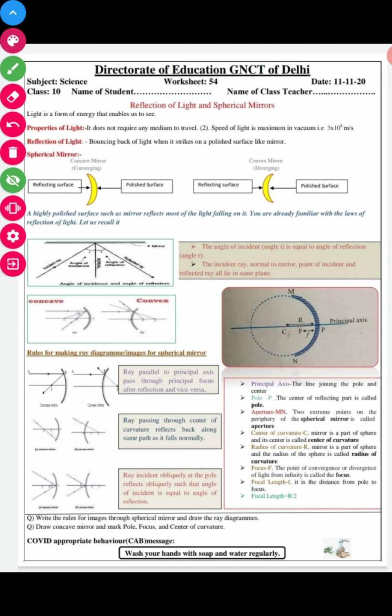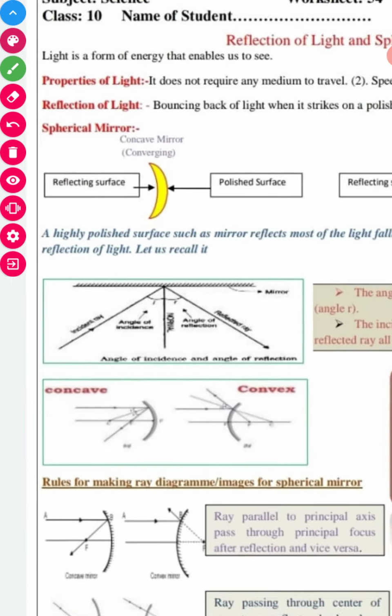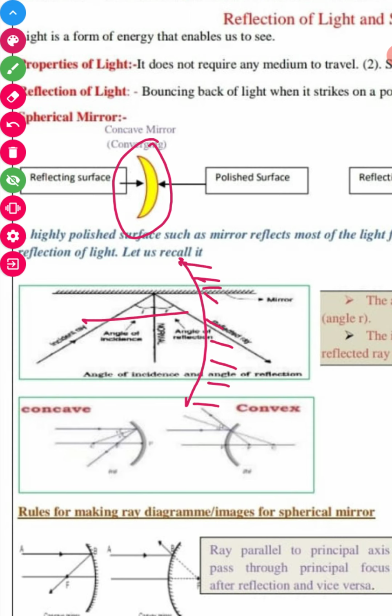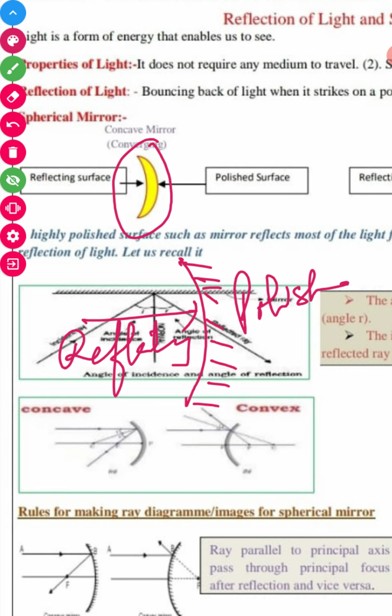Let's see about the spherical mirrors. See, this is the reflecting surface. This is our concave mirror. Okay, see, this is our concave mirror, and this is the polished surface of this concave mirror. This is its reflecting surface, and this is polished surface.